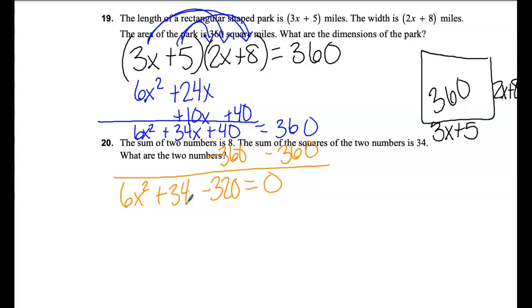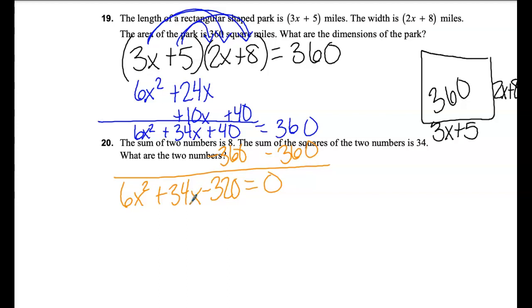Then you do what we did before, right? Then you do 6 times negative 320. Yes. So 6 times negative 320 is... well, what? Oh, no. You can divide everything by 2, I guess. Yep, we could divide everything by 2, so let's do that first so we have smaller numbers.